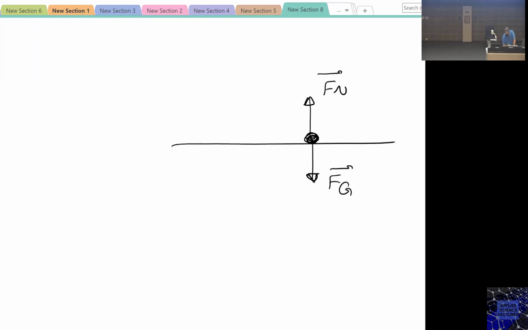So here I have the floor, the bike. This bike has normal force, gravitational force. What else? I have a friction in the opposite direction, Fk.